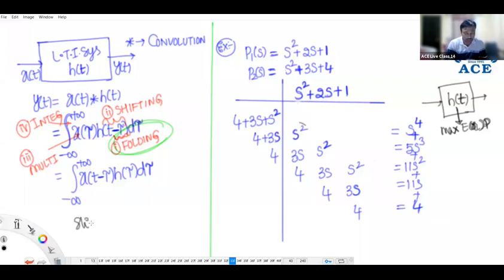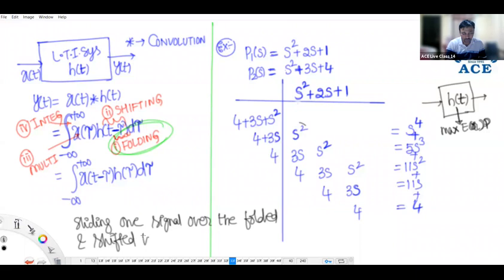So sliding one signal over the folded and shifted version of the other signal is the concept of convolution.